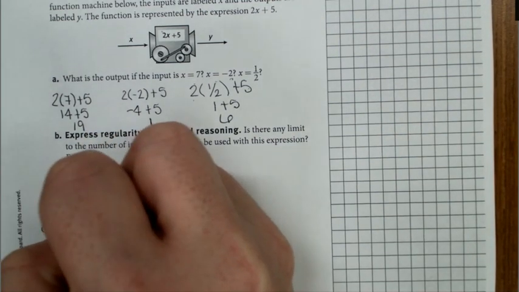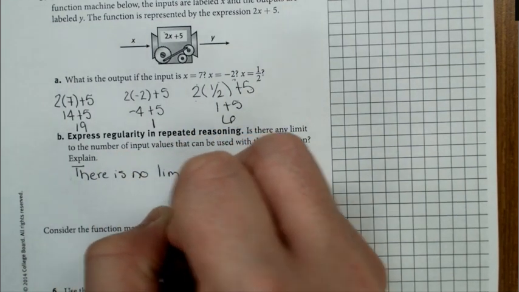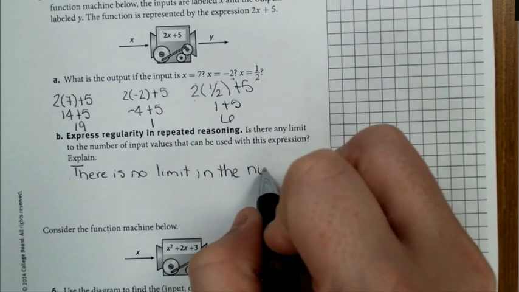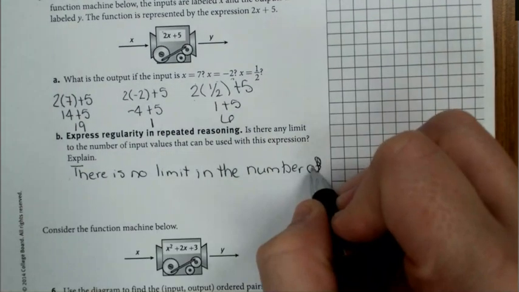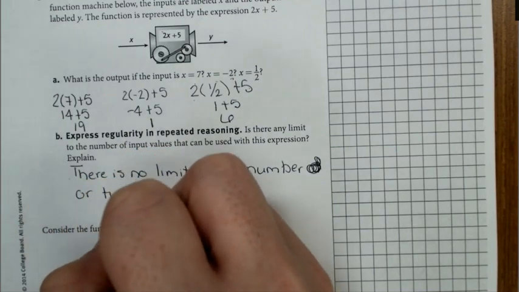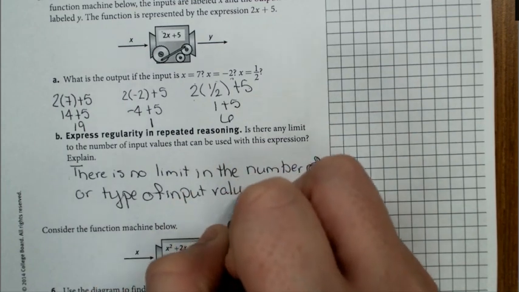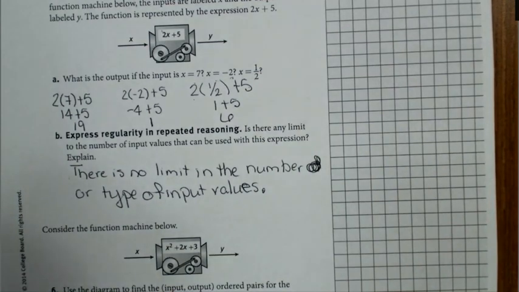There is no limit to the number or type of input values. Now recall, earlier we couldn't put in decimals. Here I can put in a decimal because it's represented by an expression. So no limit.